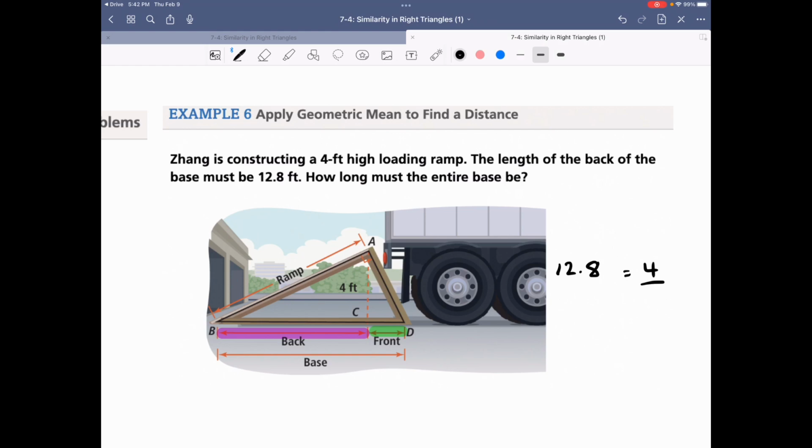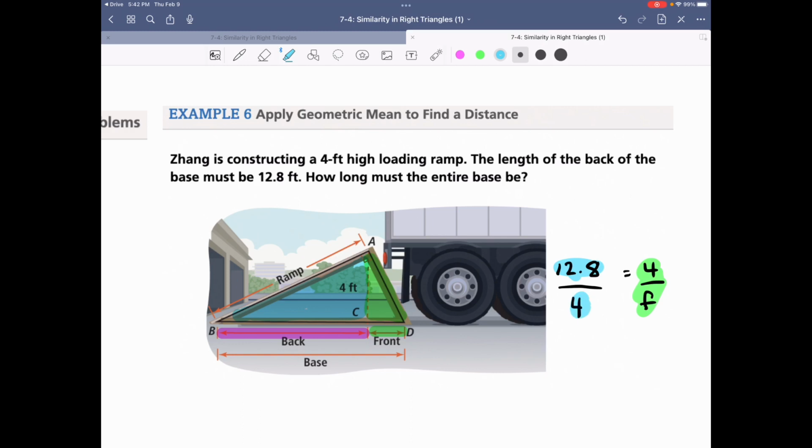And then 4 is the short part of the medium triangle, and the front part, I'll use F, is the short part of the small triangle. So let me just highlight what I mean by that. If this is the small triangle, then that would be these numbers. And if this is our bigger triangle, that would be where these numbers came from.